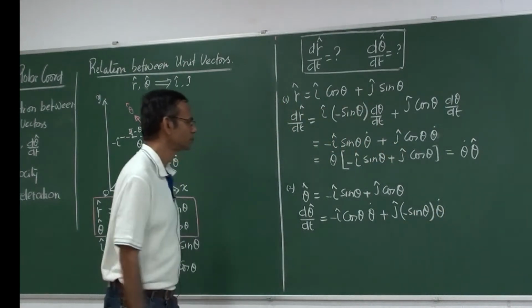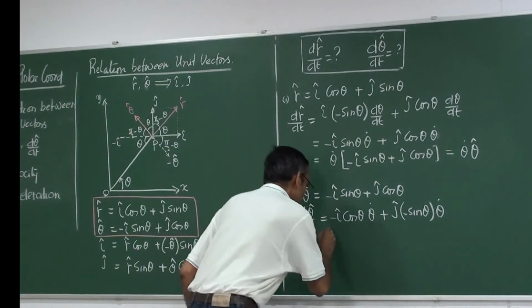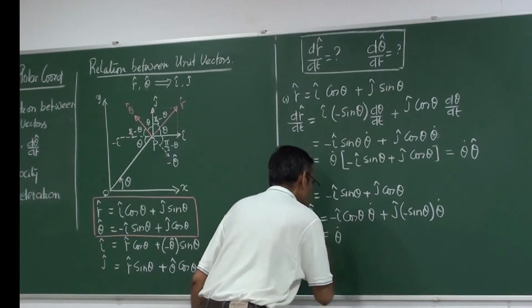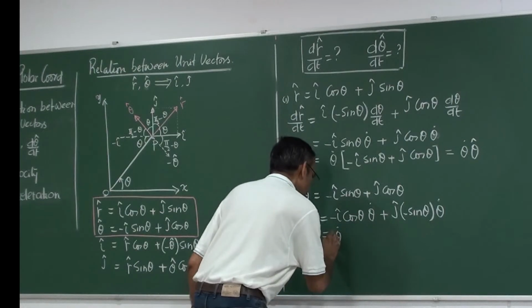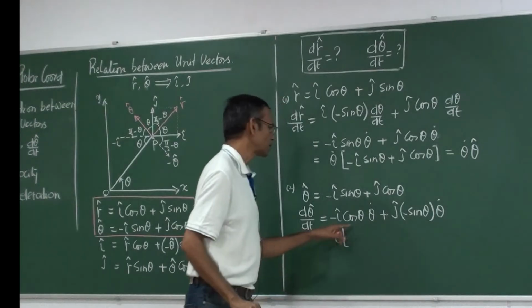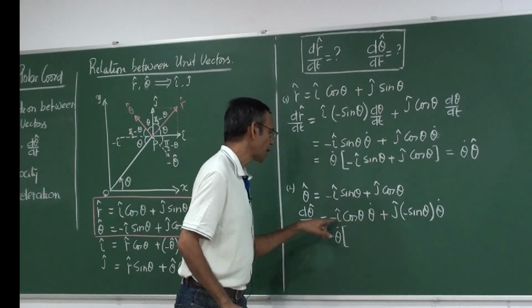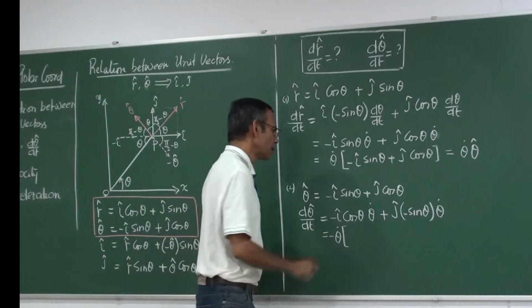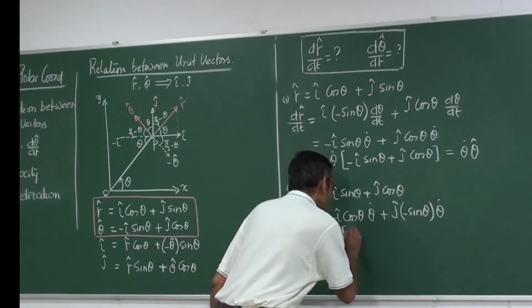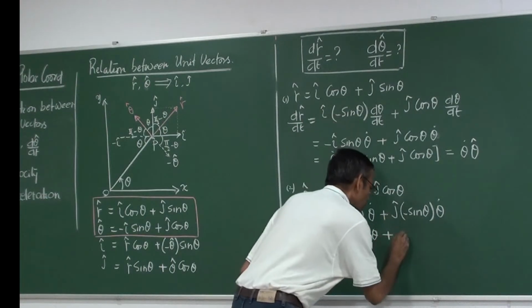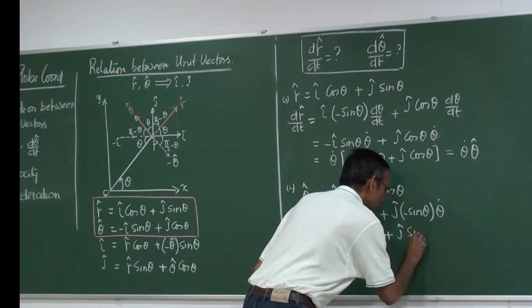Alright. And here we can write theta dot, I can take common, minus sine also I can take common. Then I can write theta dot and minus sine at both places I have taken common. I can write i cap cos theta plus j cap sine theta.